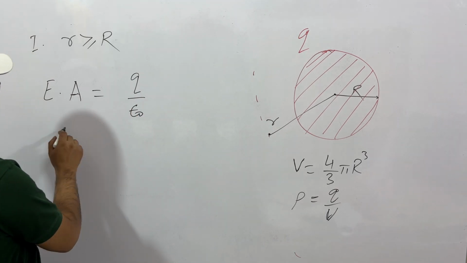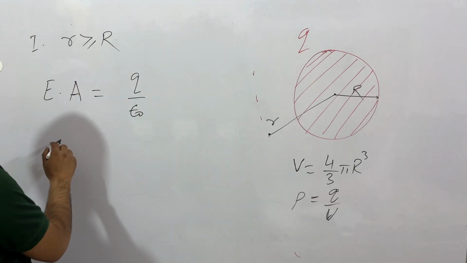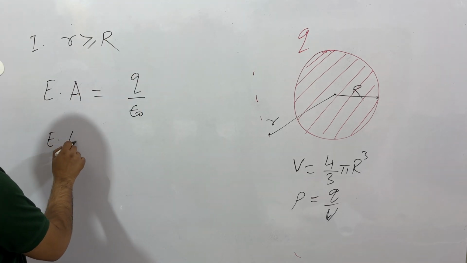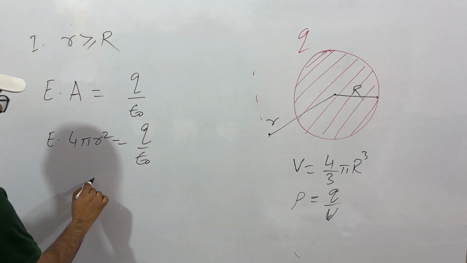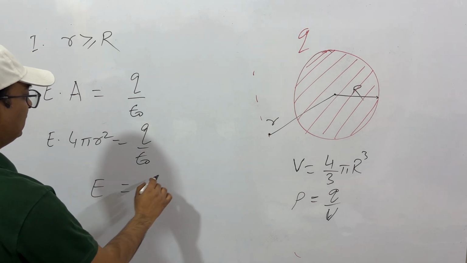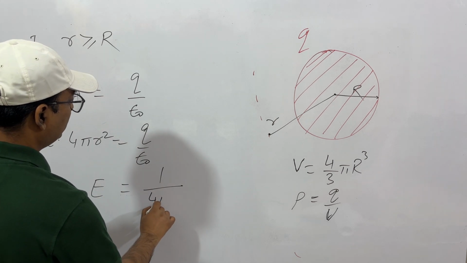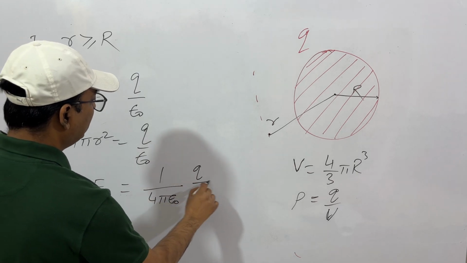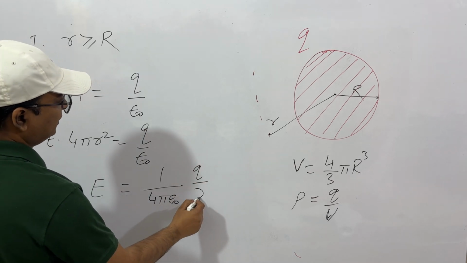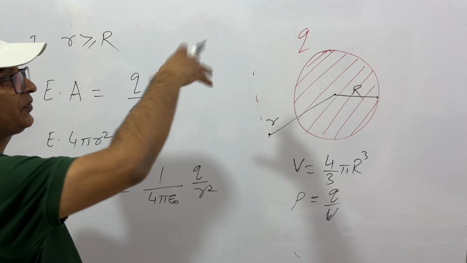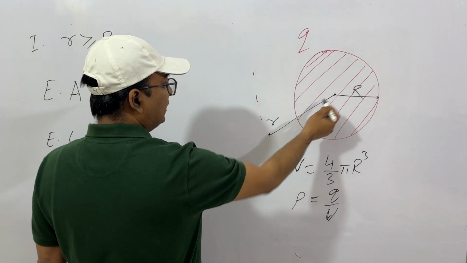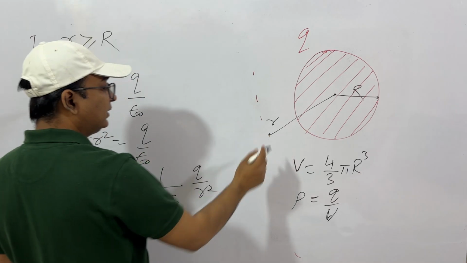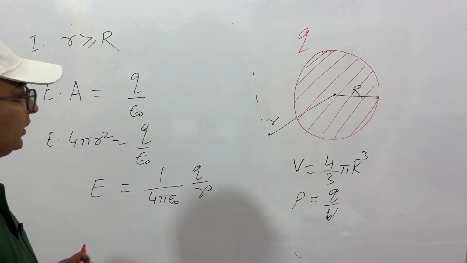What is this? The area is 4 pi r square, that is E dot 4 pi r square equals q by epsilon 0. So from here you see it is again equivalent to a point charge at the center of this sphere. So it is like we have a point charge q here and we are taking the electric field intensity at distance r. So you understand this?